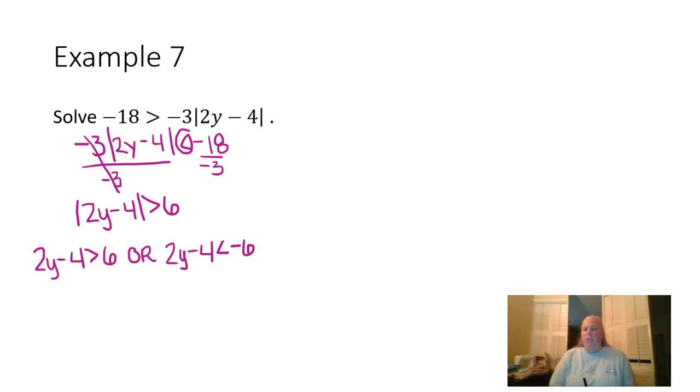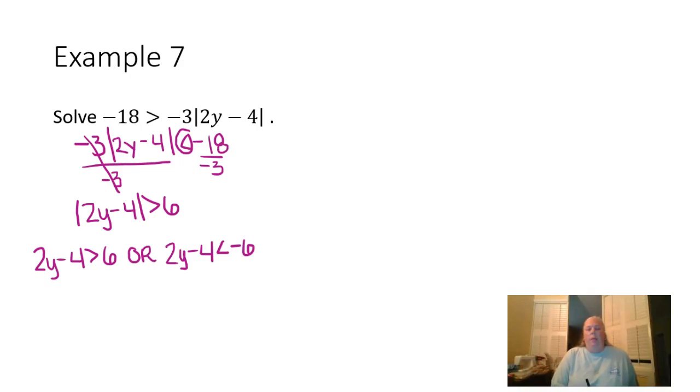Now notice what I did, just like I did on the AND problem a minute ago. My original problem had a greater than 6, there it is. The second problem turns the sign around, so now it's a less than, and changes the sign on here. So it was positive 6, now it's negative 6. And then what we're going to do is we'll solve each of these individual inequalities, draw the picture, and write our solution sets.